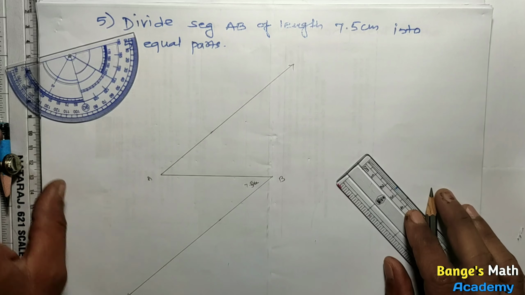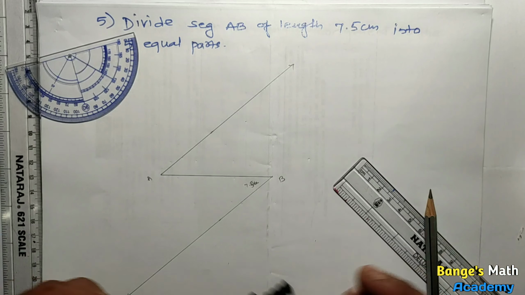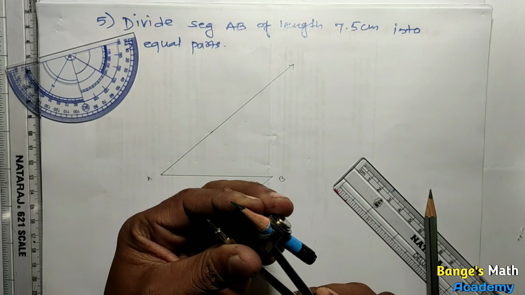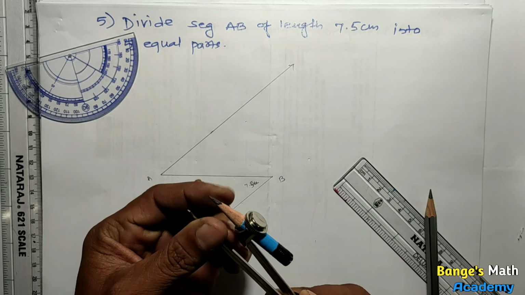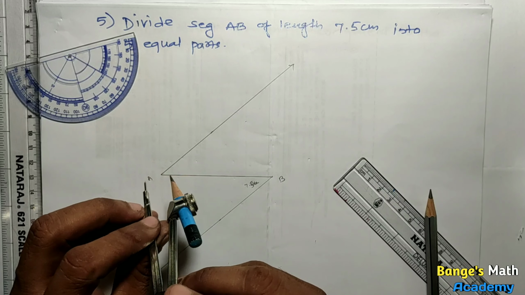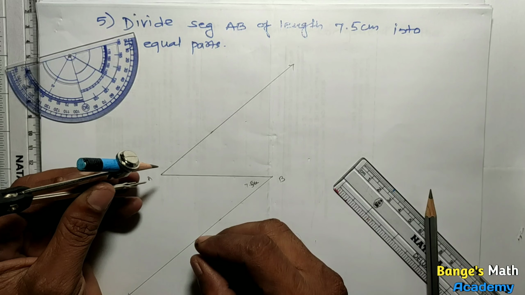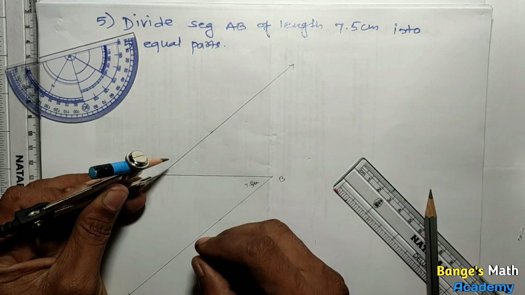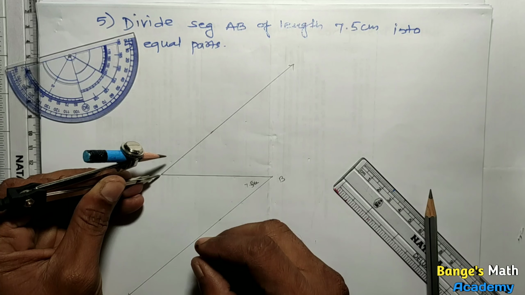Then take suitable distance in your compass and draw 5 arcs on this ray.